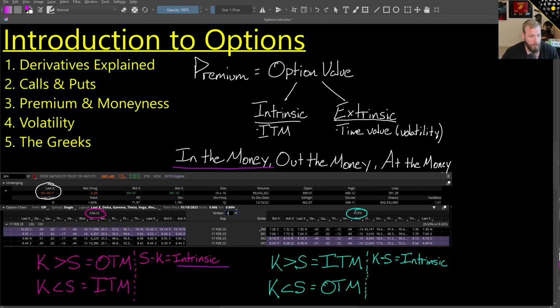So if we have our 390 strike and our security is trading at 391.49, what's the intrinsic value of that 390 call? We take the security price of 391.49, subtract 390, and we get $1.49 of intrinsic value.